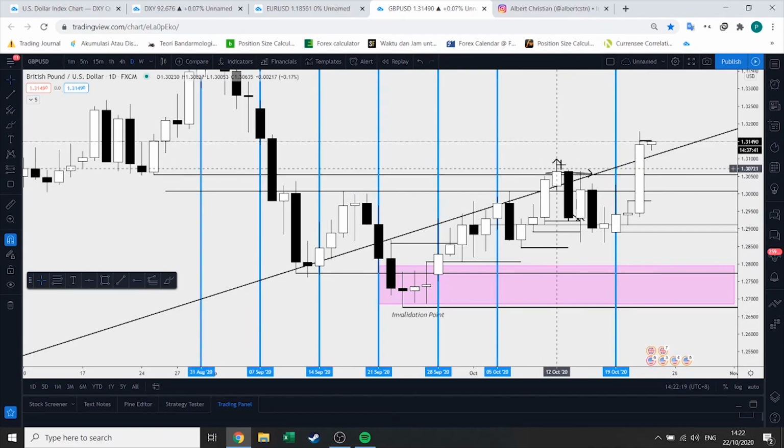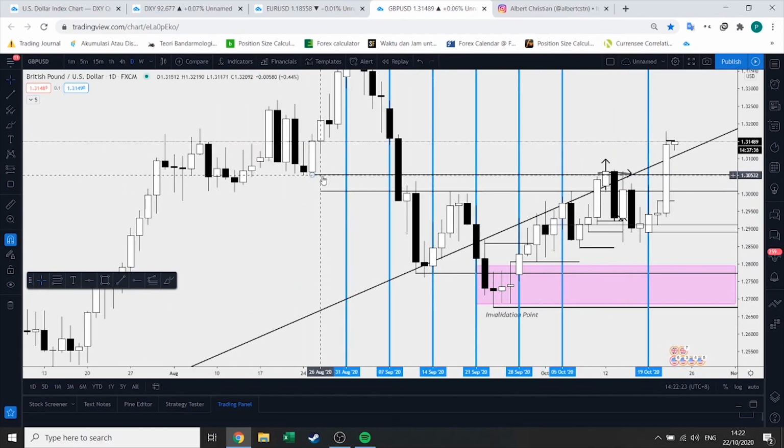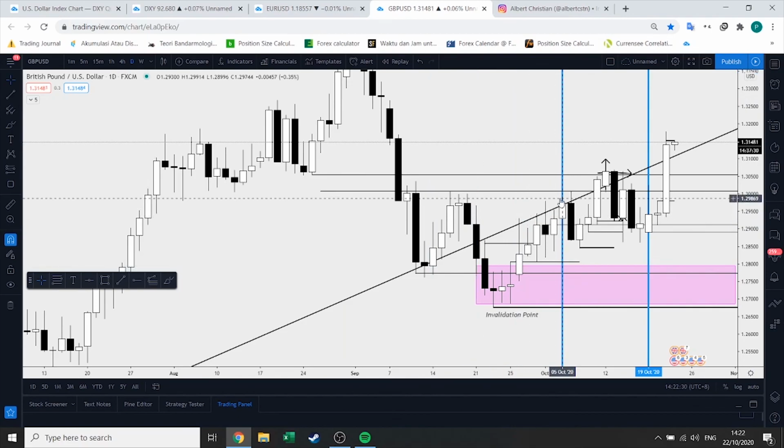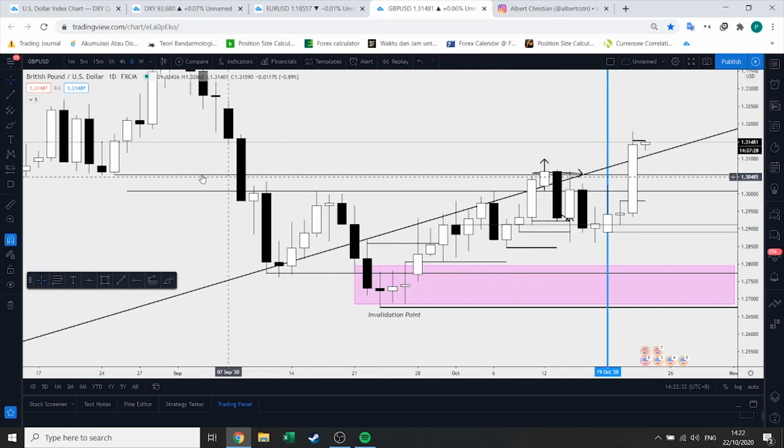Here, why did I predict a low? This line here, I'm going to delete all these blue lines. This line here is, as retailers know, resistance. Support broke down, resistance.